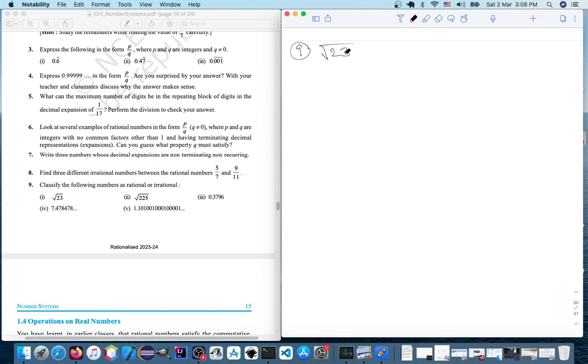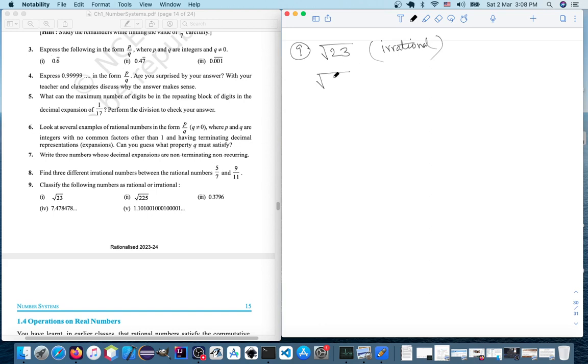If n is not a perfect square, then root over n is an irrational number. So definitely 23 is not a perfect square. It is not a square of any other natural number. So it is irrational.